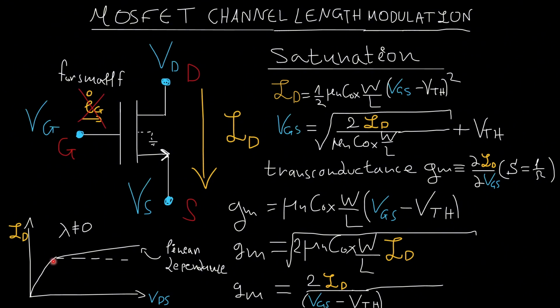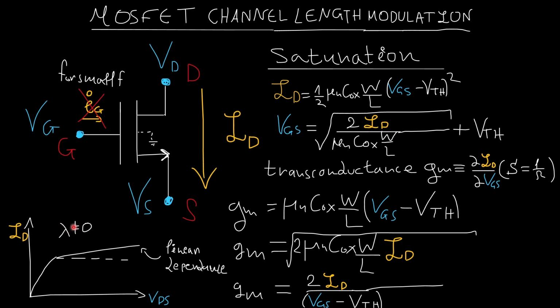It changes the saturation region current, and instead of being constant with respect to the change in VDS, now it has a slight slope here, a linear dependence on it.